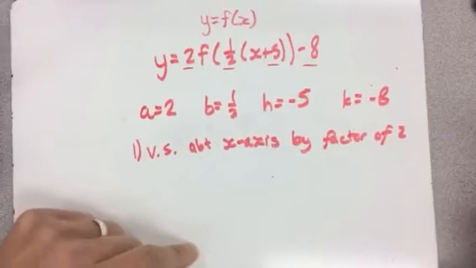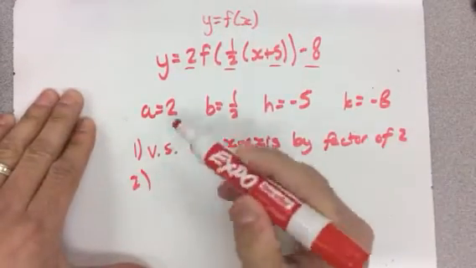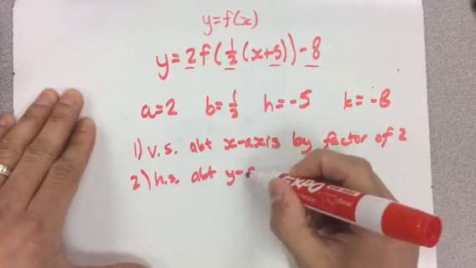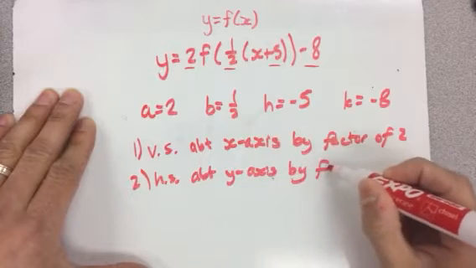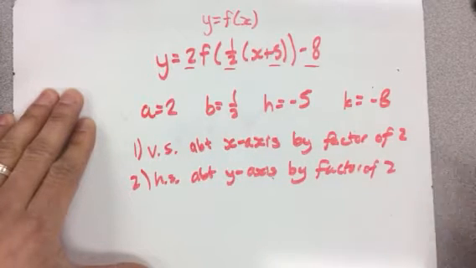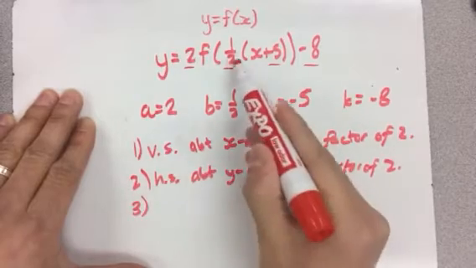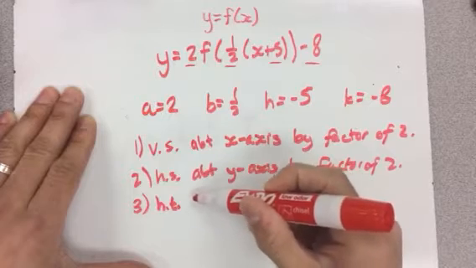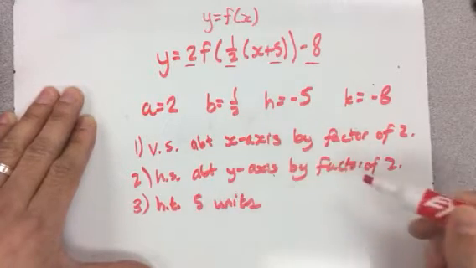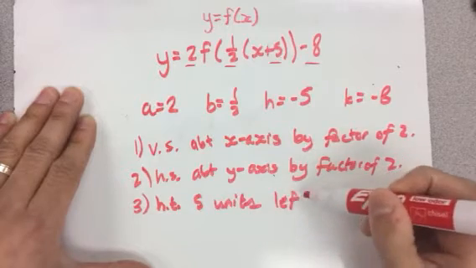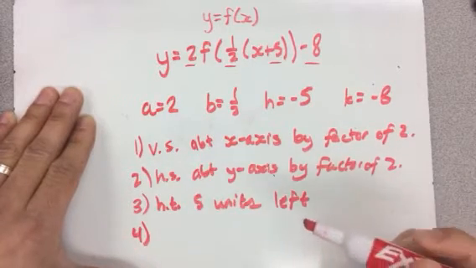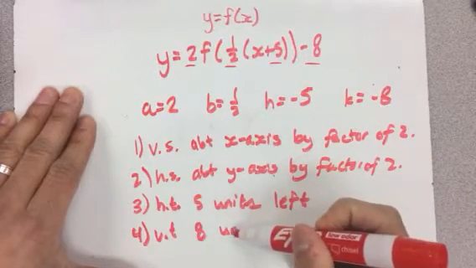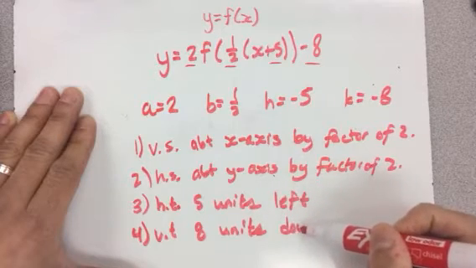Next, number 2, I have a horizontal stretch about the y-axis by a factor of 2. Next, I have a horizontal translation, and that's 5 units. If it's +5, that means it's going left. And my last transformation, I have a vertical translation, 8 units down.